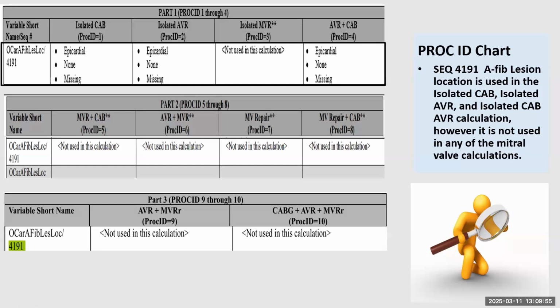So basically what that's telling you is if you do an isolated CAB or an isolated ABR or a combination of ABR and CAB, if you do an intracardiac lesion, then the case will be removed from isolation. Okay.